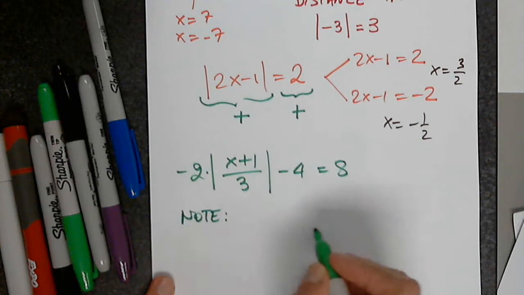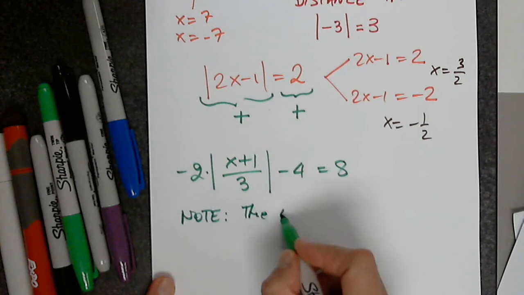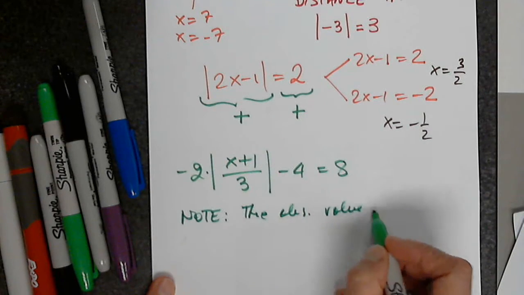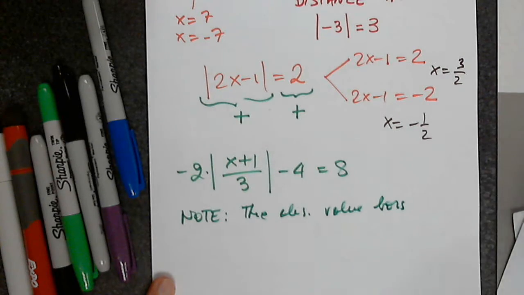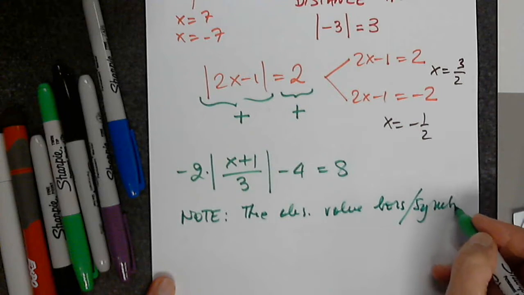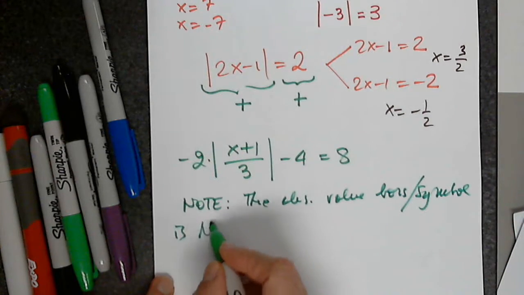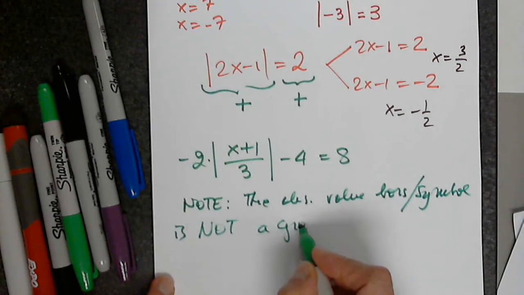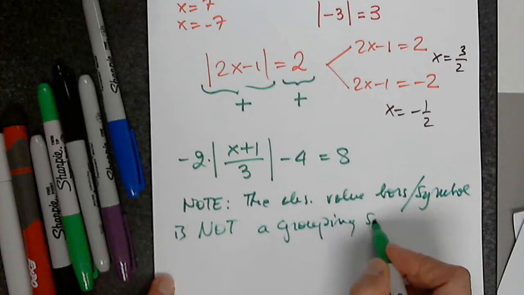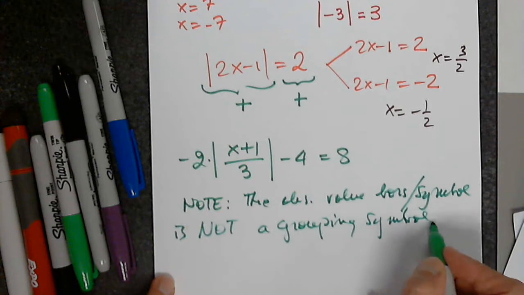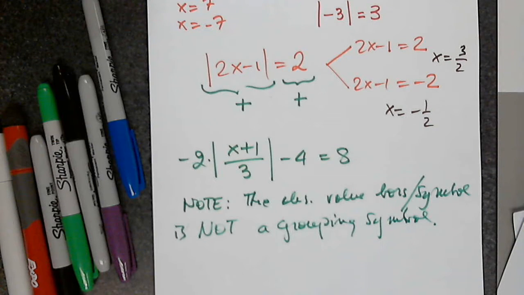Let's write as a note. The absolute value bars, or symbol if you want, whatever you want to write, is not a grouping symbol. In a grouping symbol, like parentheses, I can distribute. Here I cannot.